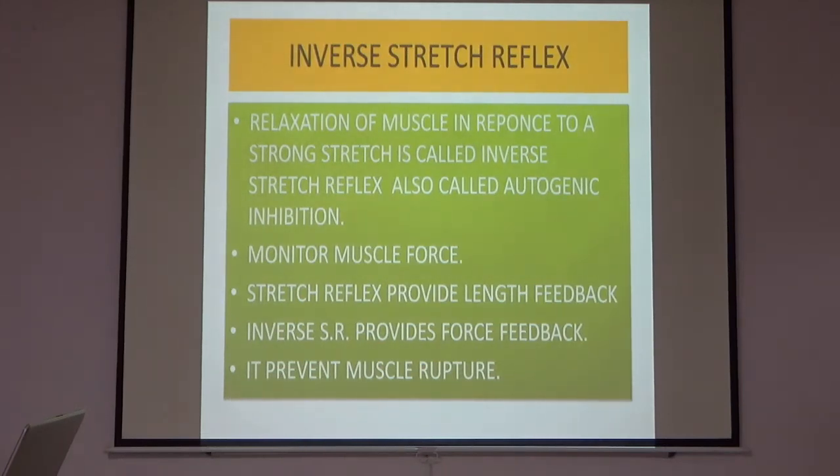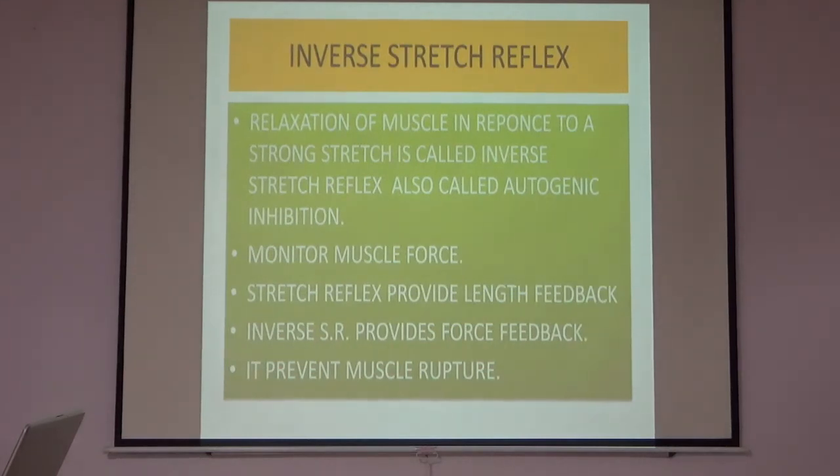And this plays a very important role in regulating tension during normal muscle activity. That is, when a muscle contracts, the tension developed within the muscle acts as a stimulus for its own relaxation. That's why it is also called autogenic inhibition. It helps in monitoring muscle force.